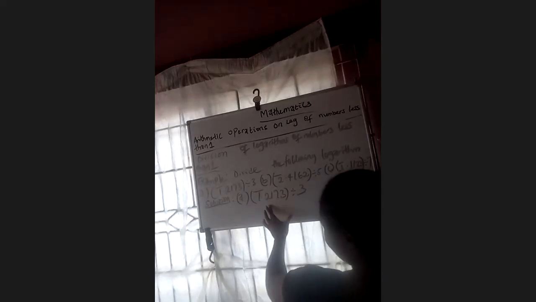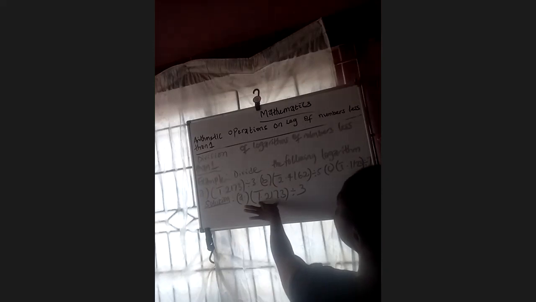There are some steps you take before you divide, because you are dividing a negative number. This is bar 1, minus 1. So you cannot just say you want to divide minus 1 by 3. And if you have a remainder, you cannot bring the remainder onto this because it is a negative number.